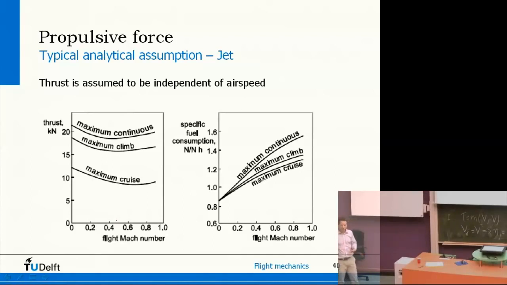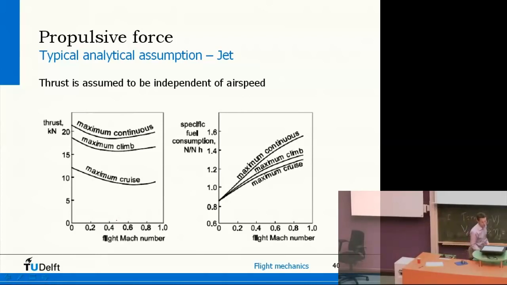Of course, maybe if you go faster, there's a slightly different mass flow, and the compression in front of the engine is a little bit different, but overall it's pretty much a straight line. You could make this diagram on the left for a lot of jet engines, and they all look more or less the same.